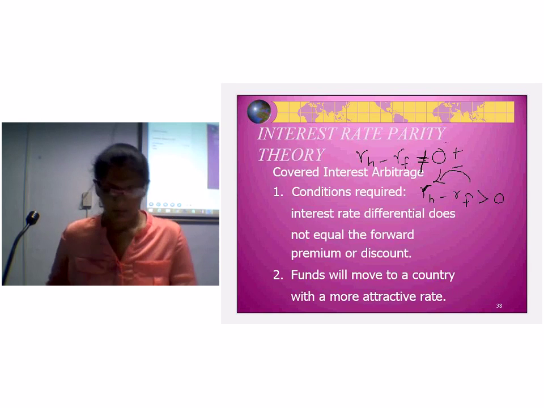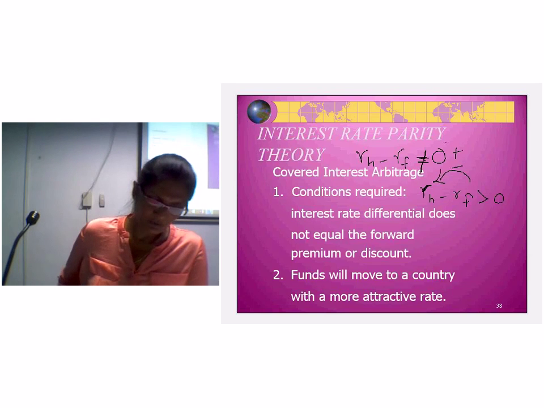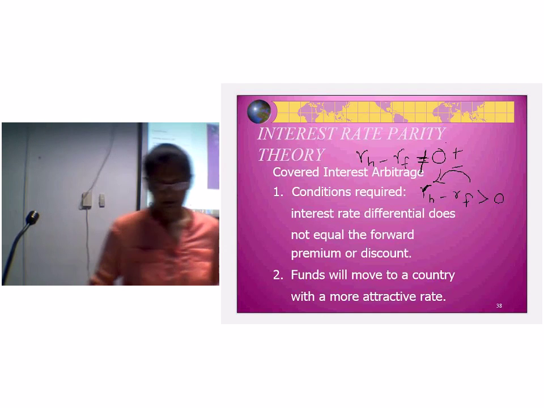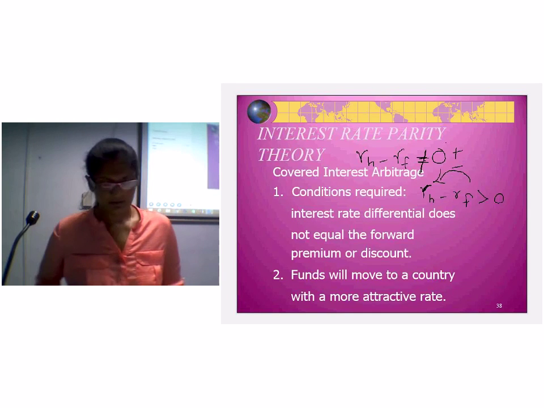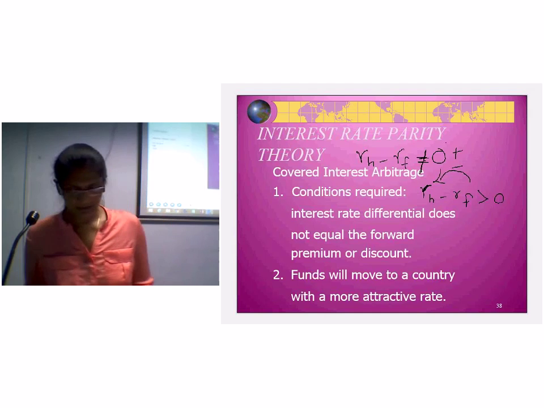But in covered arbitrage, it says that the interest rate differential between two countries should be equal to 0. Conditions required: the interest rate differential does not equal the forward premium or discount, right? Funds will move to the country with the more attractive rate, right? If the interest rate differentials are not equal to 0, funds will be moving from the country where there is a lower interest rate to the higher interest rate. Okay, that is covered interest arbitrage.